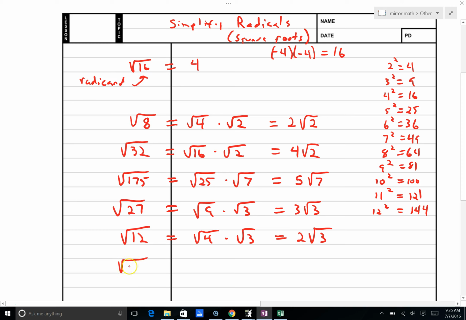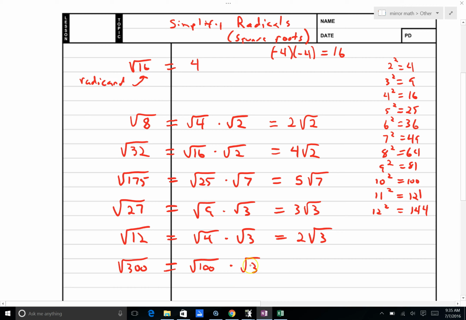The square root of 300. Okay, looking on our list, think, what perfect square is a factor of 300? Well, 100 is. The square root of 300 can be written as the square root of 100 times the square root of 3. Again, the square root of 100 times the square root of 3 is the square root of 300.